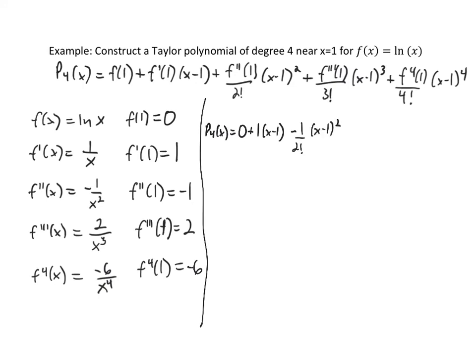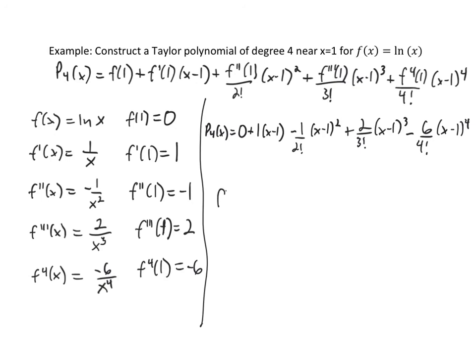The next term is 2 over 3 factorial x minus 1 cubed. The fourth term is actually a negative 6, so negative 6 over 4 factorial x minus 1 to the fourth.